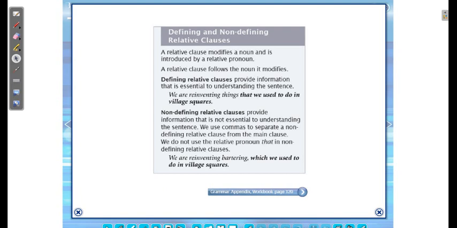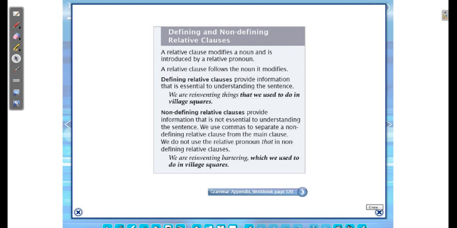Non-defining relative clauses: the information is not essential to understand the sentence, and it comes using commas to separate the information. For example, we are reinventing things, which we used to do in village squares. This information is not needed, okay? So, defining relative clauses: la información es absolutamente necesaria, si no la frase no se entiende. Non-defining relatives: la información viene entre comas y no es imprescindible para entender el significado, okay?